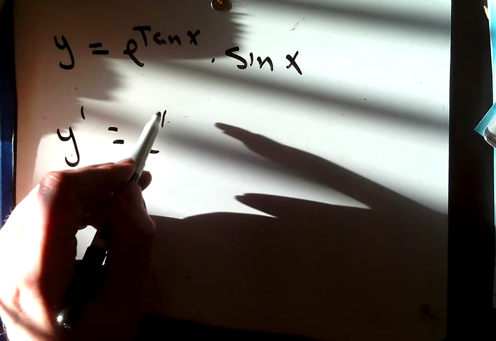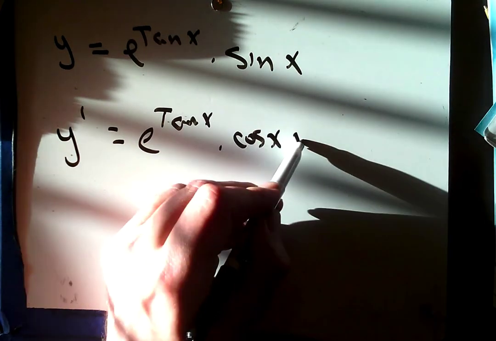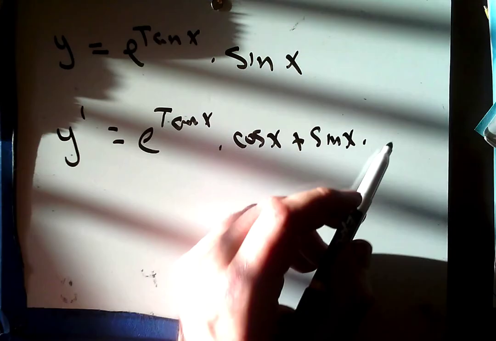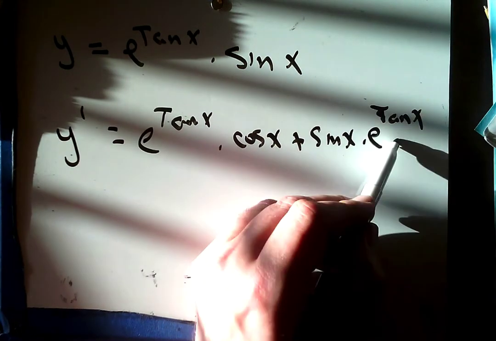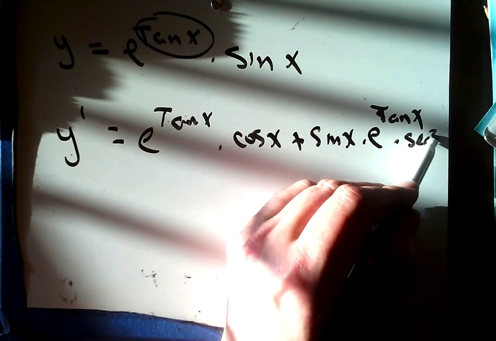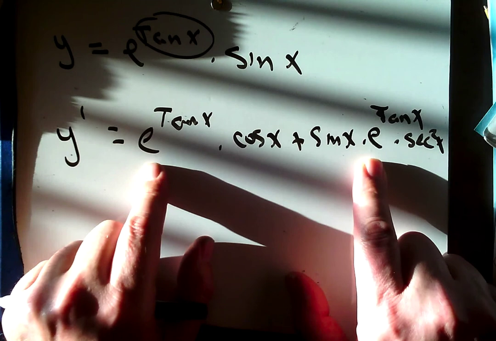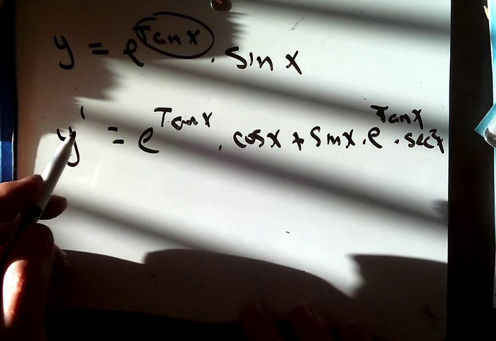I've got this times the derivative of that plus that times the derivative of e to the stuff, which has e to the stuff as its derivative. Don't forget to come back and take the derivative of tangent, which is secant squared x. All right, yes, I could factor that out, but there's not going to be any tidying up I can do, so I don't know whether it would be worth it.